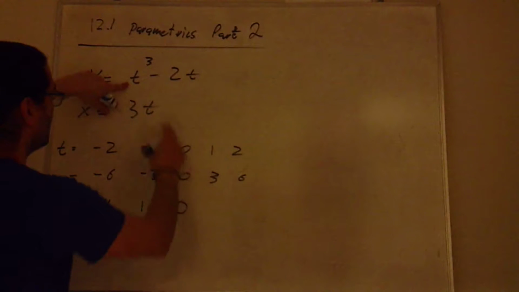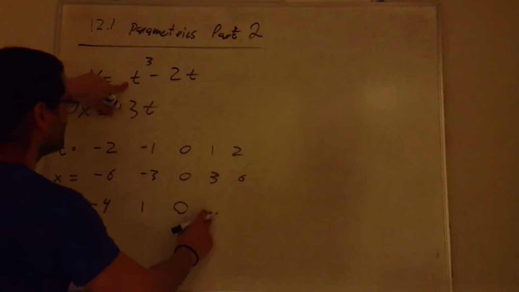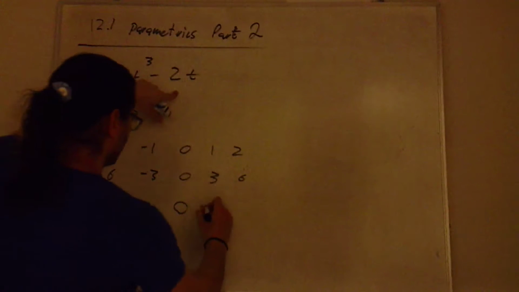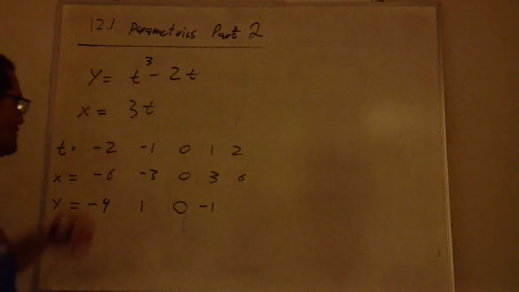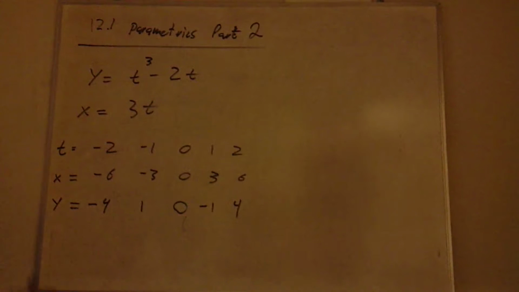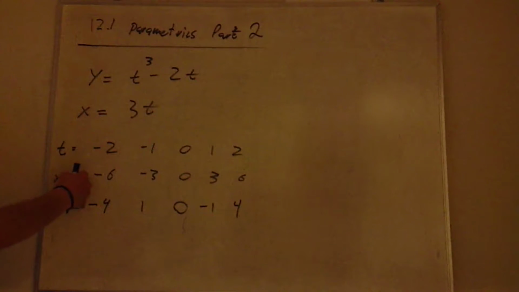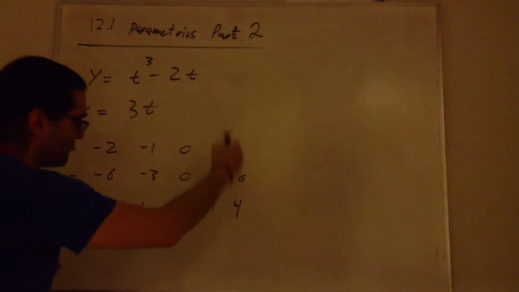This will be 1 minus 2. And I plug in t equals 1 for this. You get 1 minus 2 gives me -1. And when I plug in t equals 2, I'll have 8 minus 4 is 4. So these will be the ordered pairs that I need to put onto a graph.